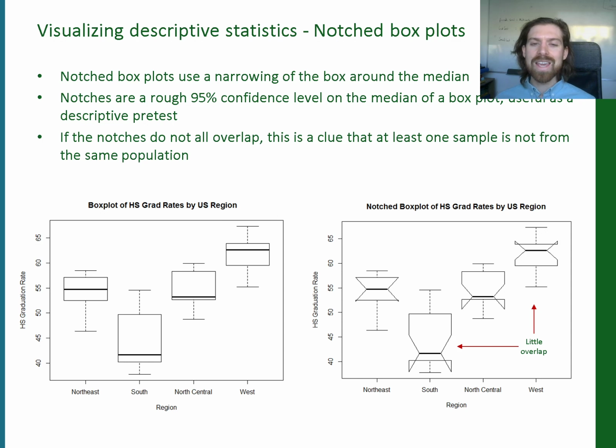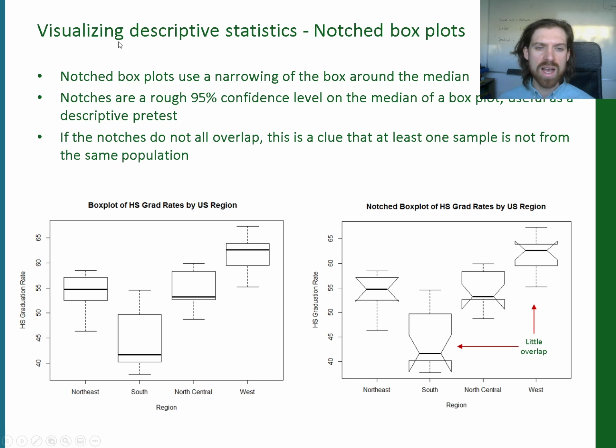So just before we begin and get into the math, let's focus quickly on visualizing the descriptive statistics, because if you have these samples, maybe you've been out and you've collected them. Here we just have high school graduation rates, essentially by state, grouped by region. You are able to visualize these. So we went over box plots previously when we focused on descriptive statistics, and one type of descriptive statistic approach which we didn't cover for visualization was notched box plots.